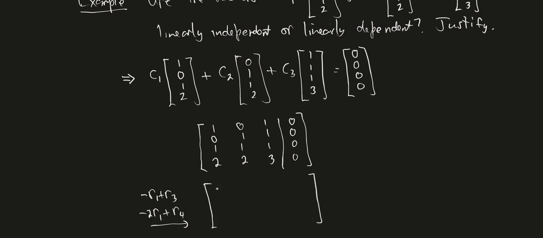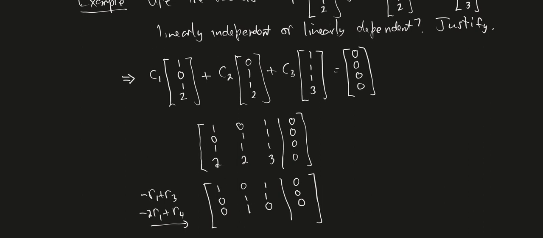Right, what are we going to get? Well, the first row will stay the same. So will the second row. That won't change. Third row now, I will eliminate that entry, and this one stays the same, and I would eliminate this entry as well, and then that's 0.